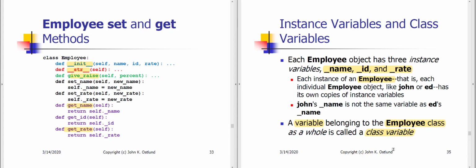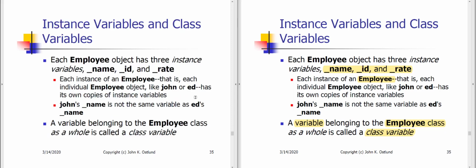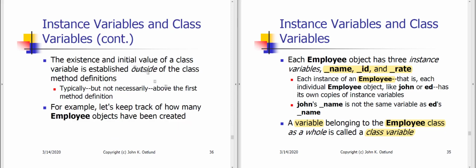So _name is an instance variable. Each individual employee object has its own. But we might, as a class variable, want to keep track of how many employee objects have ever been created, let's say. It's not interesting for John to know how many other employee objects currently exist, or for Ed to know.